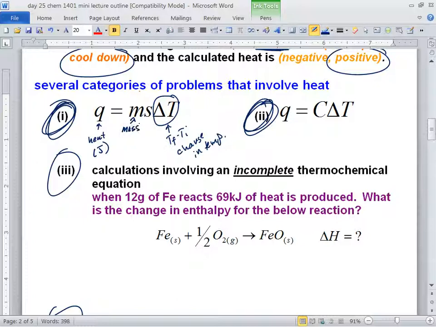And I'm going to leave out units for now because it all depends on what little s is. Does anybody know what the name is for little s? Specific heat. S is specific heat. So it's just a constant, and it's going to be a really big number for something like tomato paste.